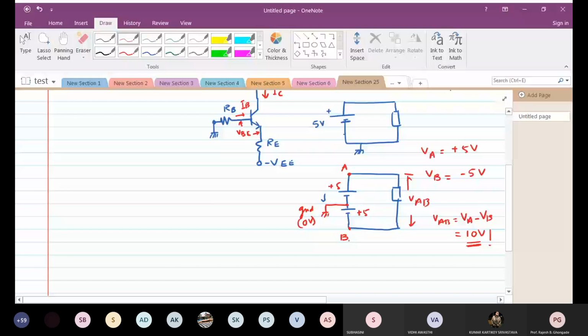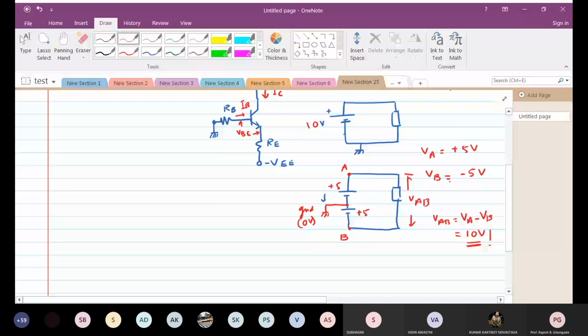So this is how you have the dual polarity supply. If I want 10 volts to appear across this particular load, I can have a single 10 volt supply, or a split supply like this of 5 volts each, and then I can still have 10 volts across the load. Are you getting this?